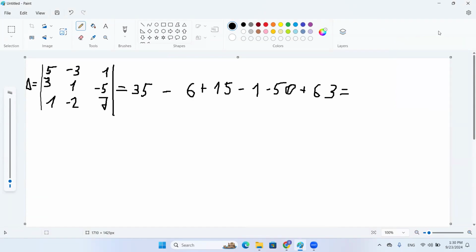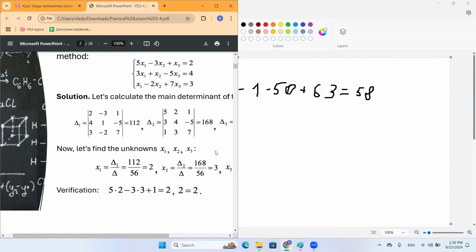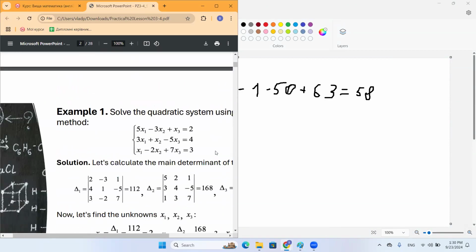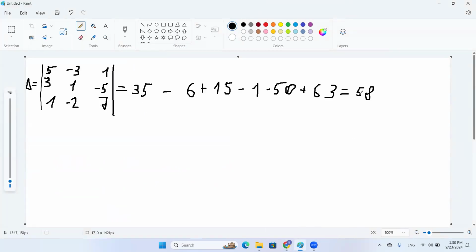So what we have now, 60, 58. 58. Okay, I will trust you. Okay, let's check it. So determinant, yeah, 58. I'm not sure. Oh no, 56. Yeah, 56.